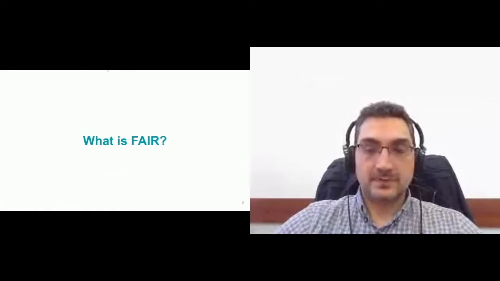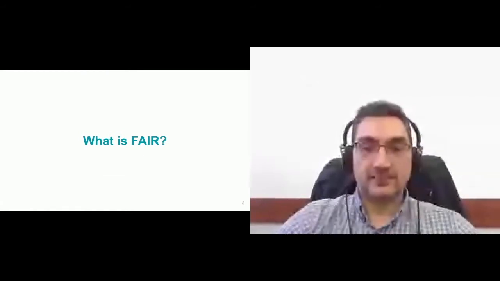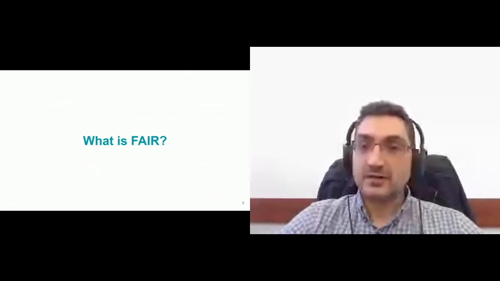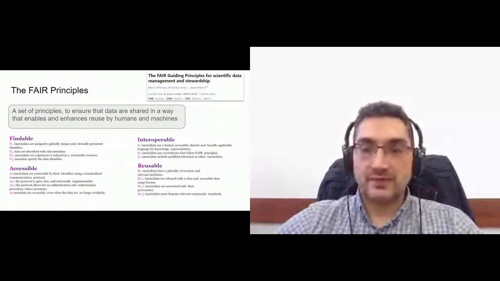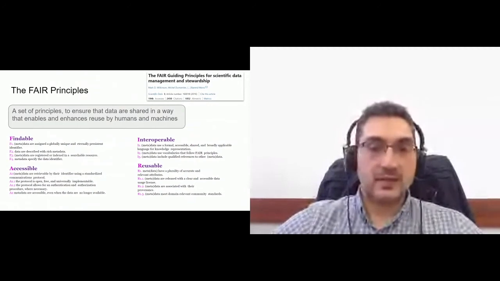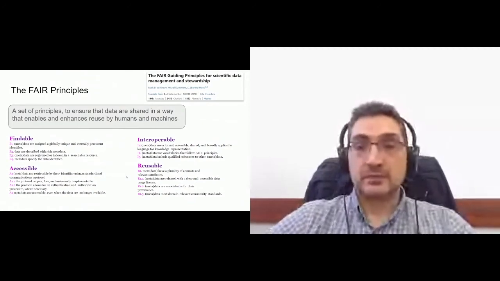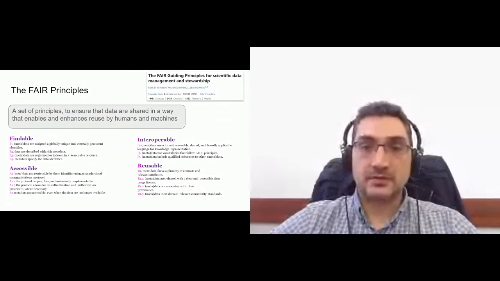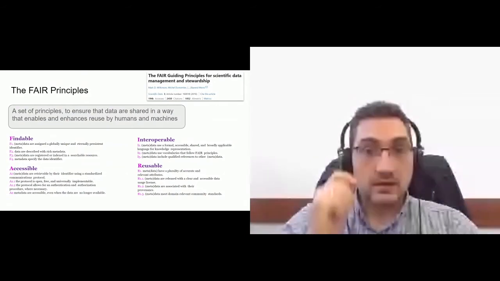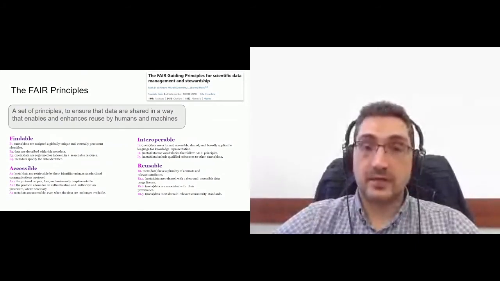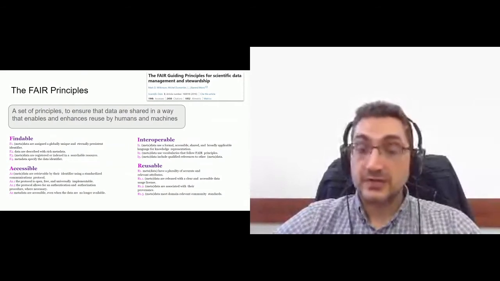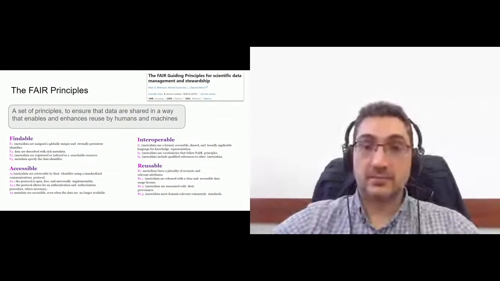So I will start by giving a very brief introduction of FAIR. I'm fairly certain that most of the participants here have a very good awareness of the FAIR principles, but this is mostly for completeness. The FAIR principles were essentially a set of guidelines that were formulated and published formally in 2016, that are meant to ensure that data are shared in a way that enables reuse both by humans and by machines.